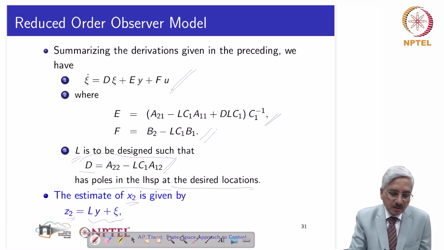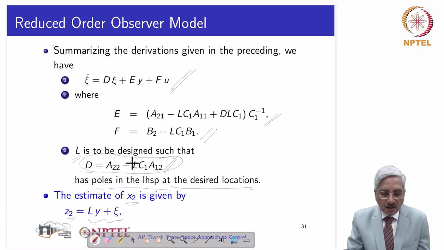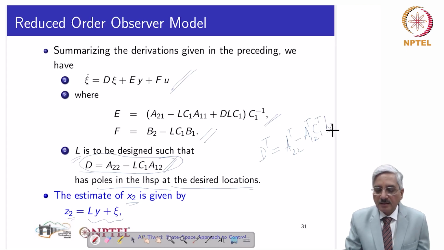Now we concentrate on this equation. If we look at D transpose, it is A22 transpose minus A12 transpose C1 transpose L. L is the gain. So it is very similar to what we did in case of pole placement, A_C equal to A minus BK.